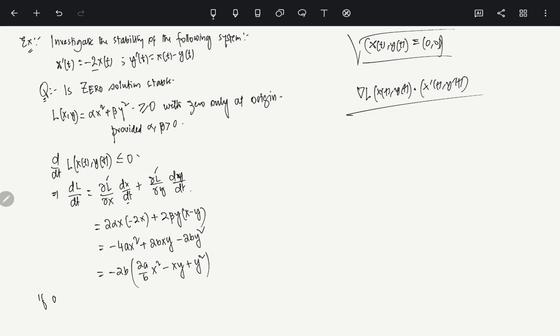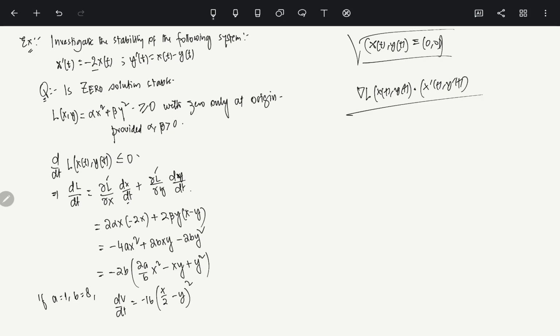Yes. So if we choose a equals 1 and b equals 8, let's say, you do realize that you can change it also. If you do that, then dV/dt will look like minus 16 times x by 2 minus y square.